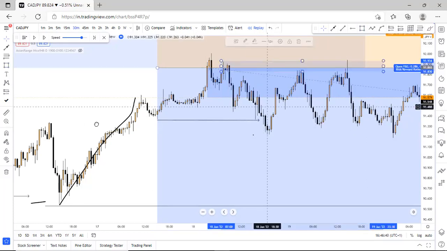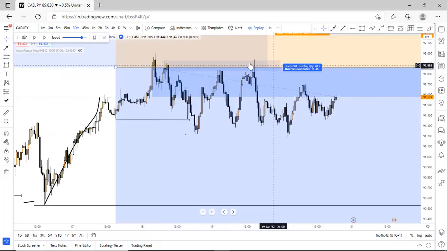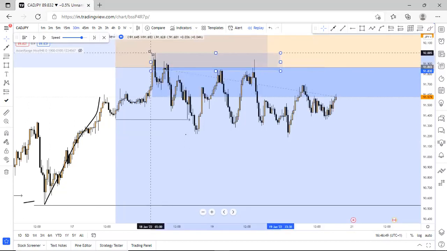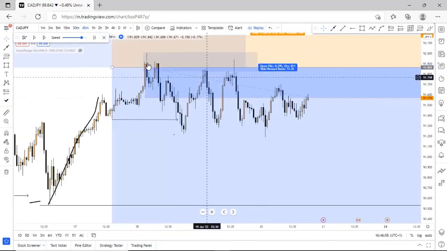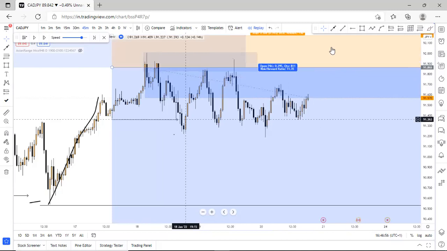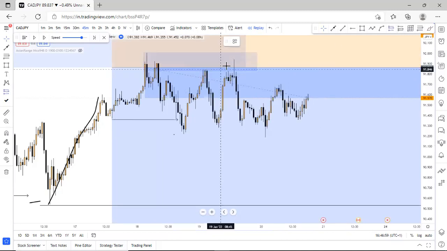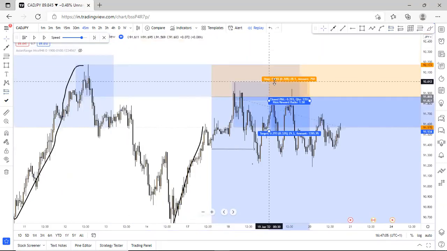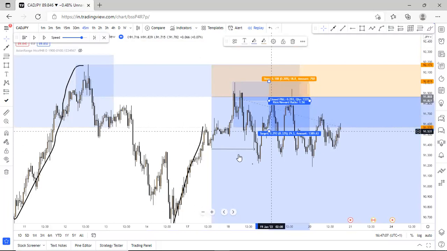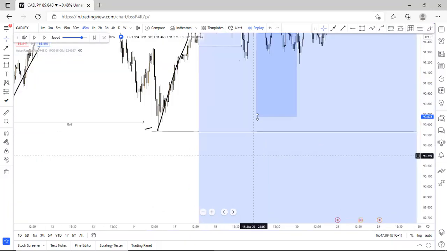Okay, we can see yet another mitigation of this supply zone, which pushed more above but was still tapping into this previous supply. This zone right here was responsible for this push, and this could have been yet another entry, with your stop loss at the previous high, and still targeting this low.